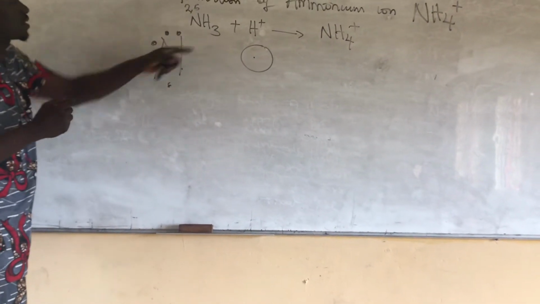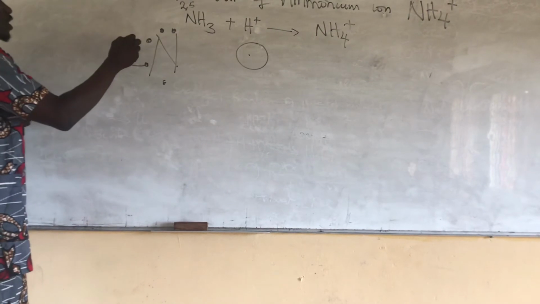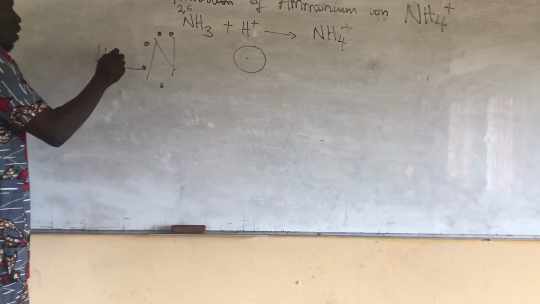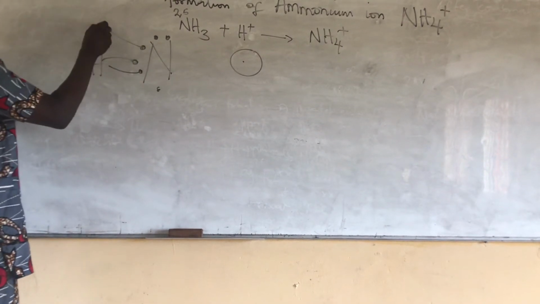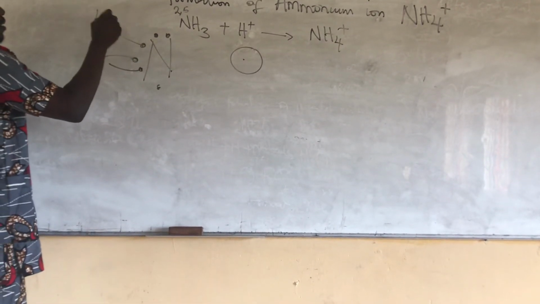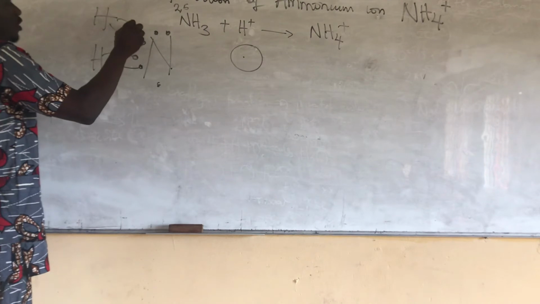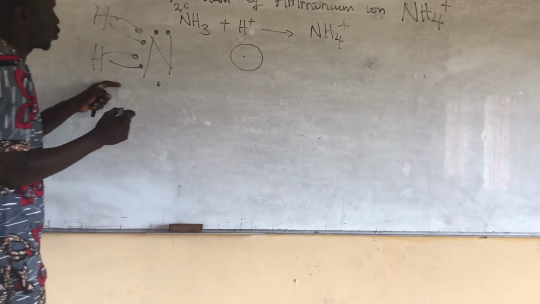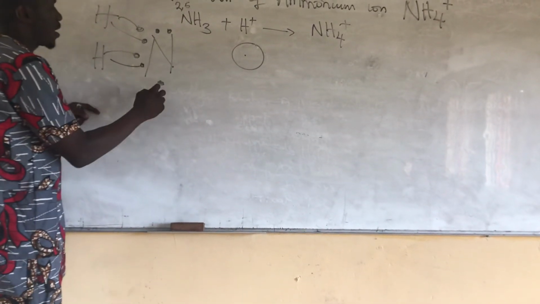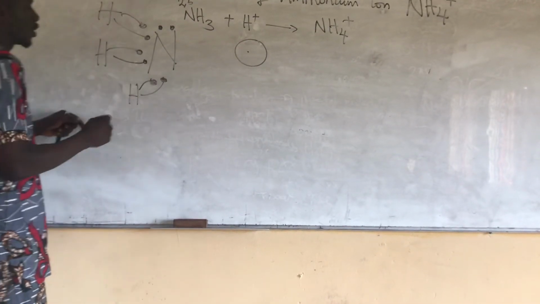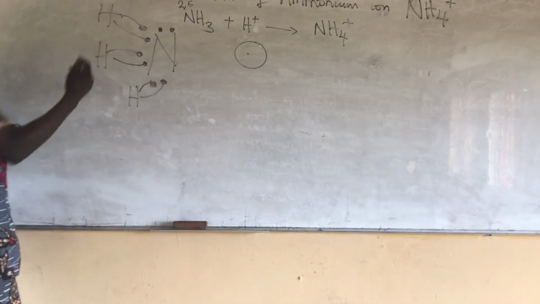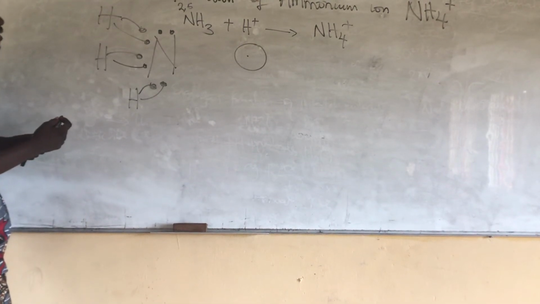Then combining with 3 hydrogens, 1 hydrogen will come and bring its own electron. It forms a stable octet. Another hydrogen will come, bring its own electron. It forms its own stable duplet again. Then the 3rd hydrogen will come. It's going to bring its own electron by sharing together covalently.